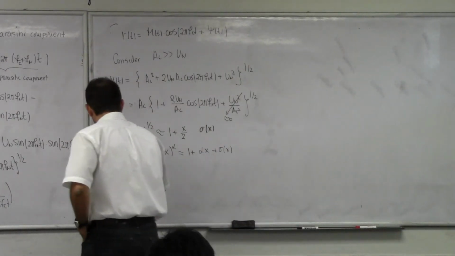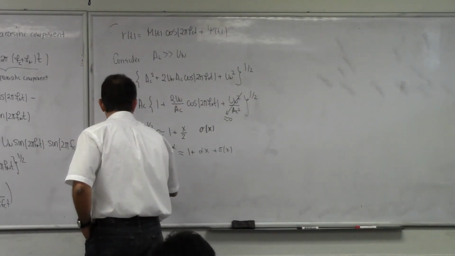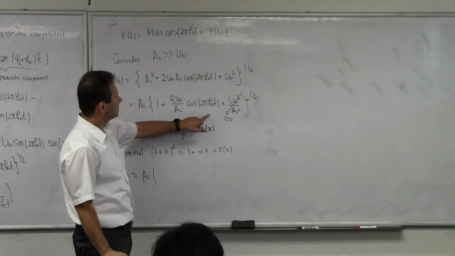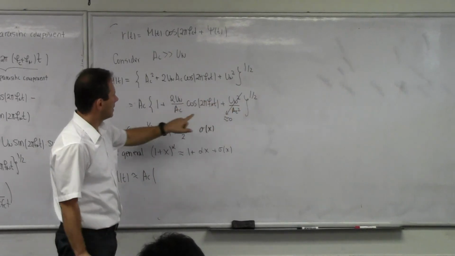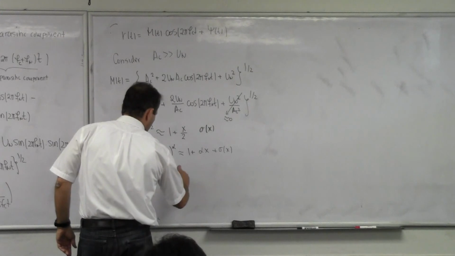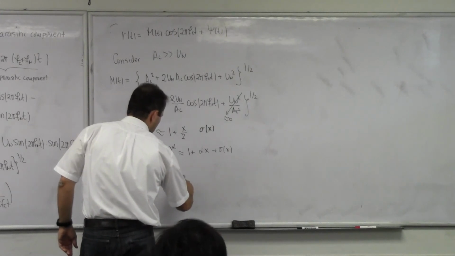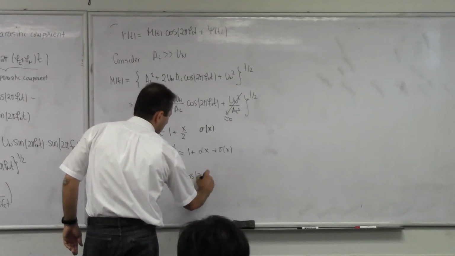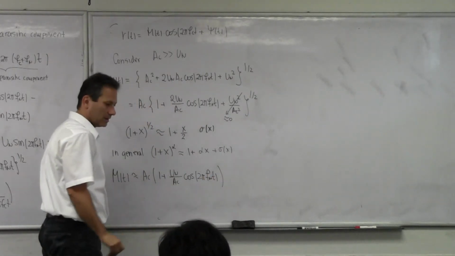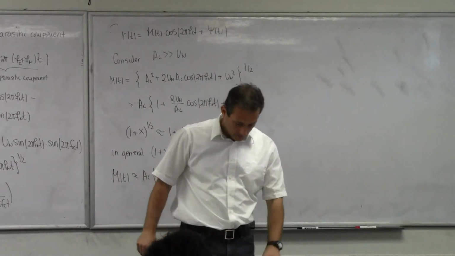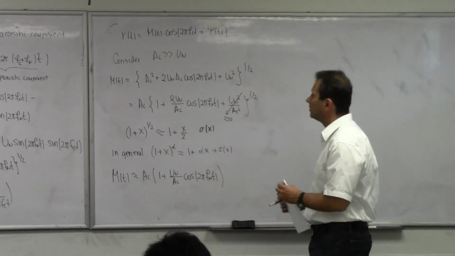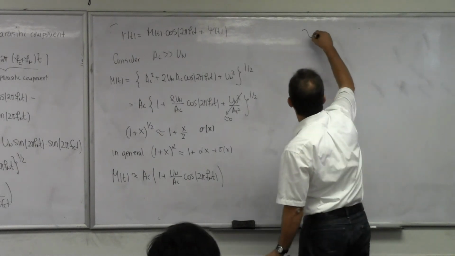I get m(t) is approximately AC times 1 plus this to the power 1/2, so just 1/2 of this. And this is 1 plus UN divided by AC cosine 2 pi Fn t. So that's the shape of my magnitude. And then let's do the same thing with the phase.